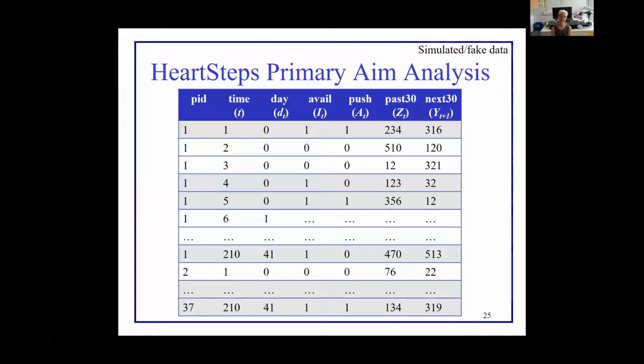And then the 5th column indicates that that person was randomized to receive an activity suggestion. 234 is their step count prior to that randomization, and 316 is their step count after that randomization. And it just continues down through the rows, 210 rows for every single participant, all 37 participants. So it's a very long data matrix, as you can imagine.